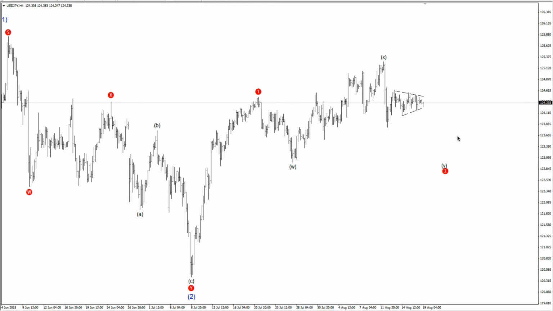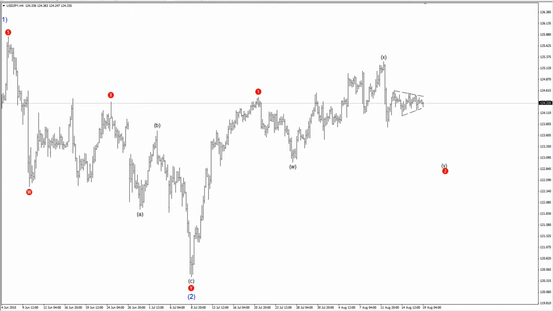So more downside I am looking for on dollar yen, a decline towards the 123 area and perhaps even lower than that. But let's see first if this sideways price action has indeed ended and we are going to see a starting 5-wave structure to the downside.